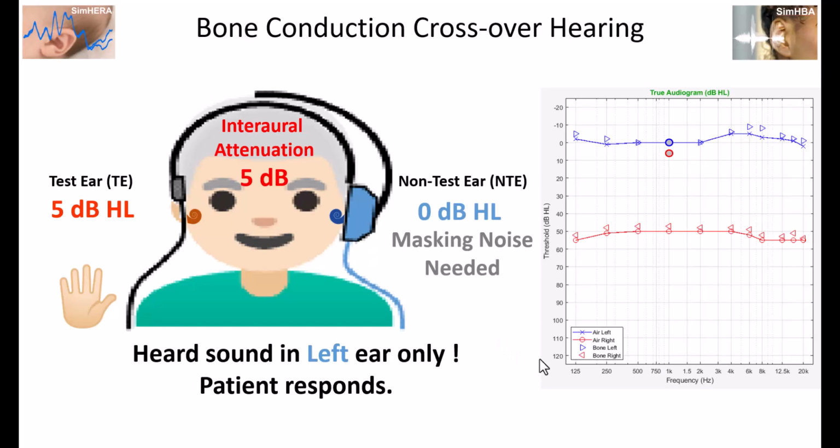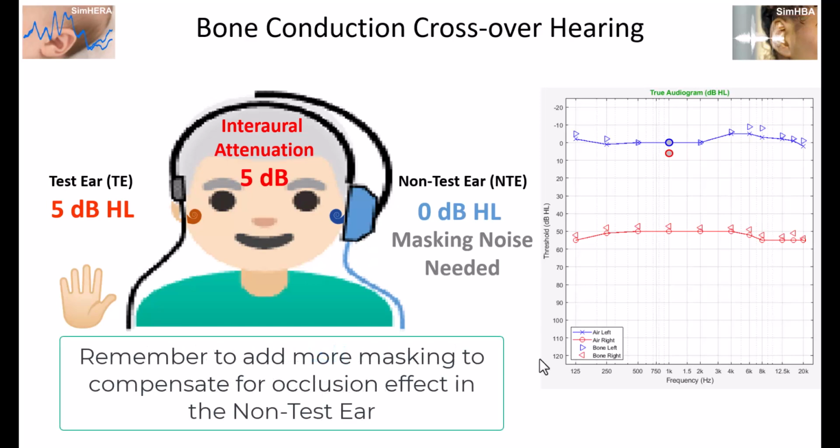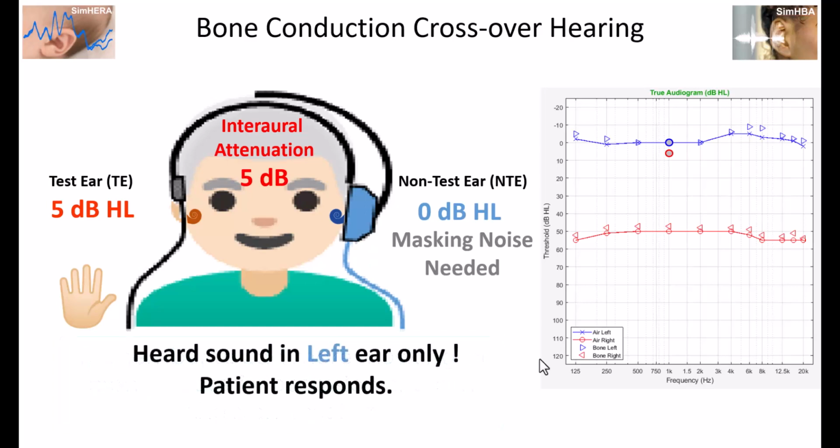But I won't give you specifics here because different clinical protocols will say when to mask and how much to mask, and I'll leave that to your clinical instructors. But now you have a good understanding, hopefully, of how interaural attenuation plays with crossover hearing and how masking can help reduce that crossover hearing so you get a more accurate estimate of the patient's behavioral hearing thresholds.